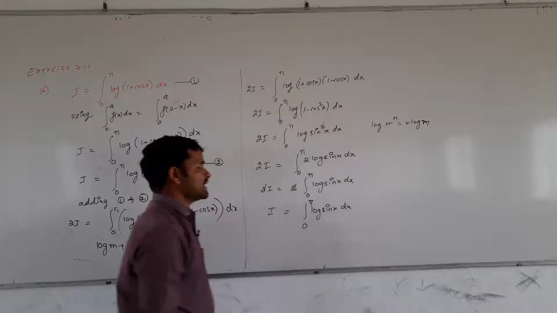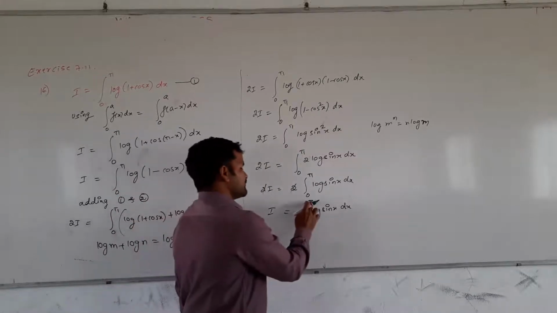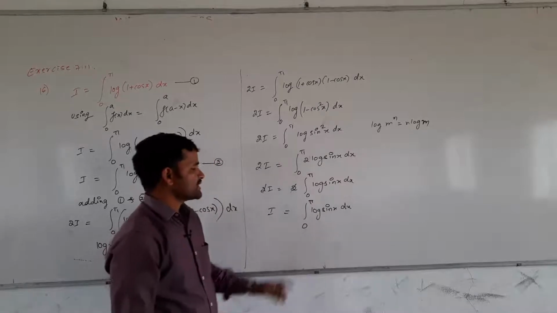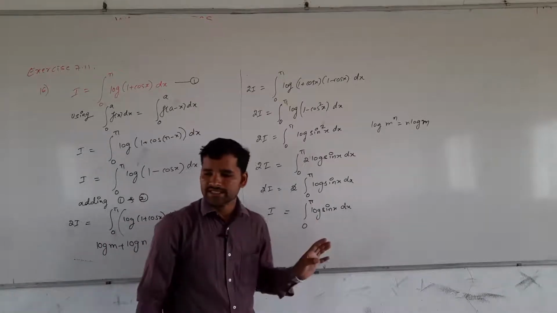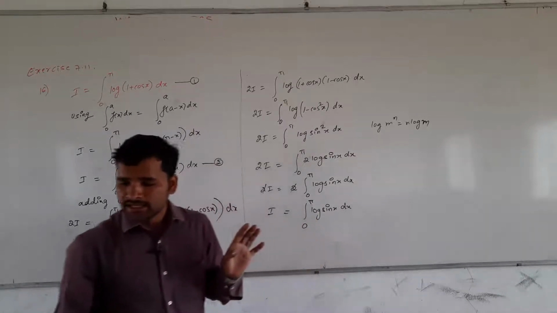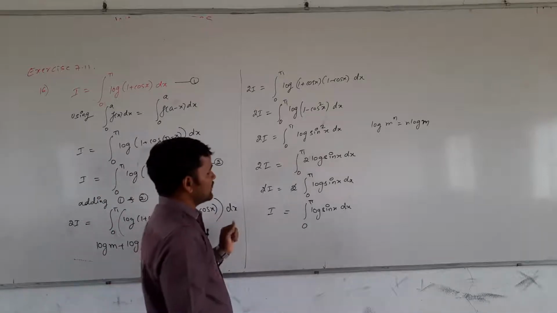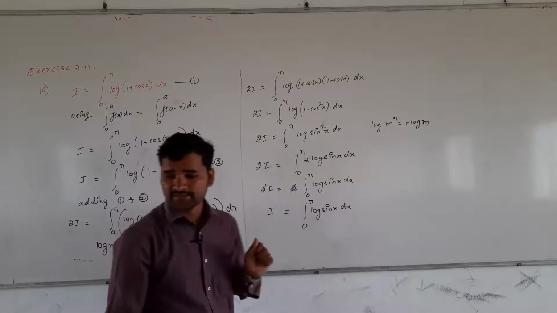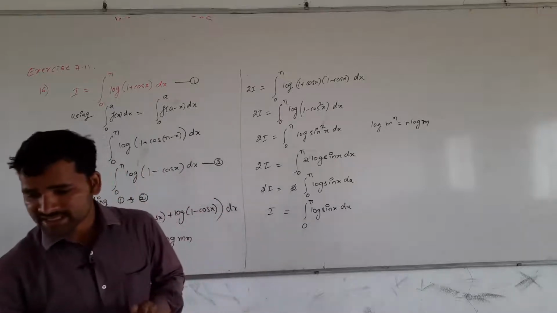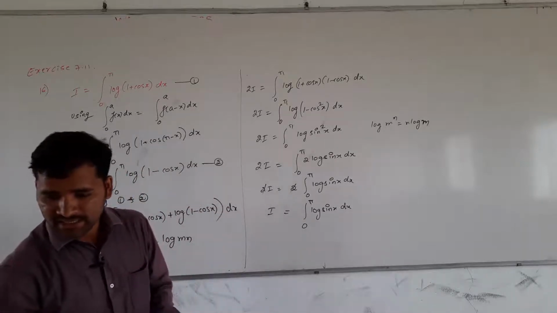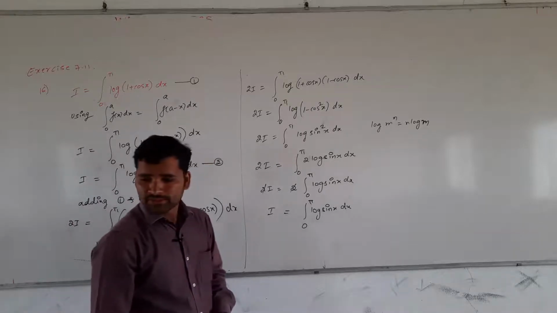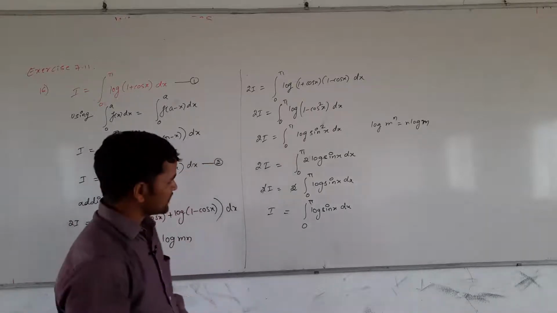You see, from here onwards, log of sin x with respect to x from 0 to pi is the same as example 36. Example 36, 0 to pi by 2 is given. Okay, 0 to pi by 2.